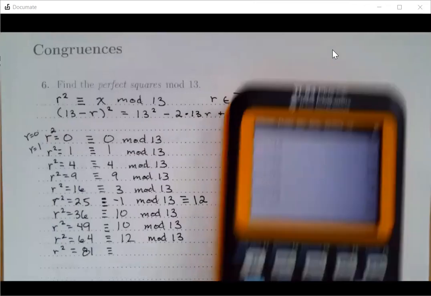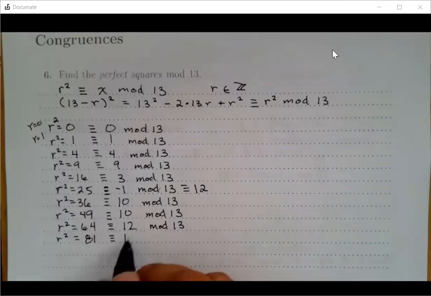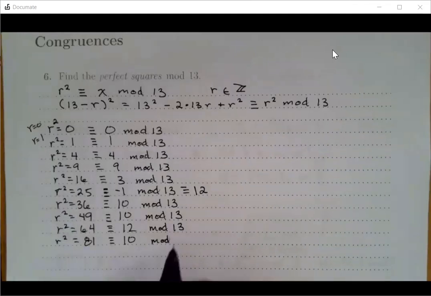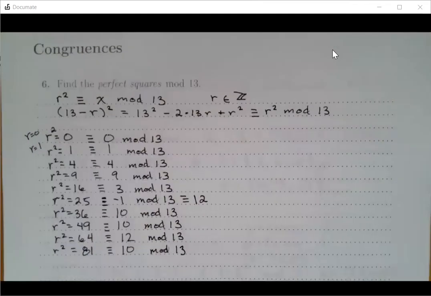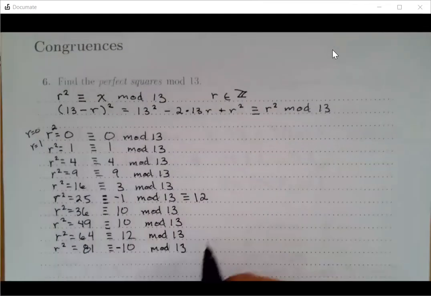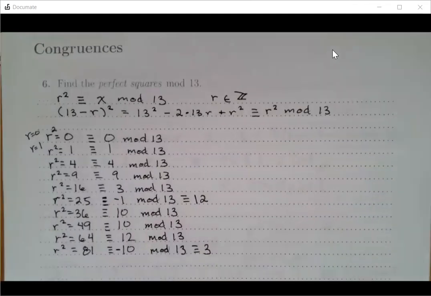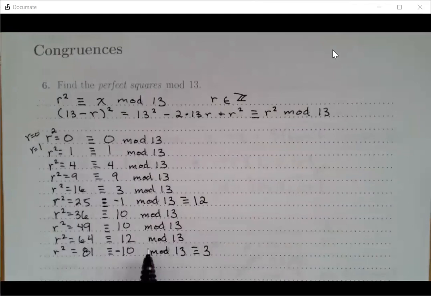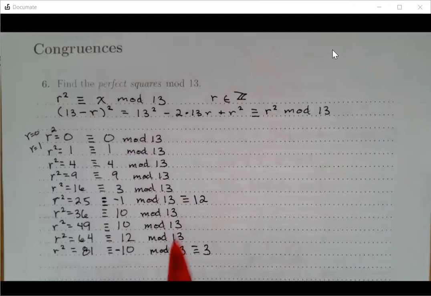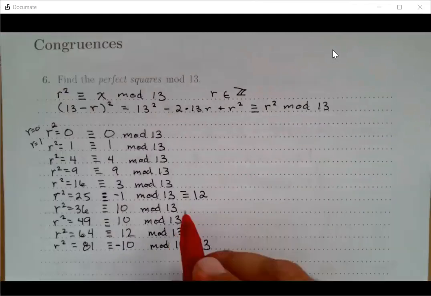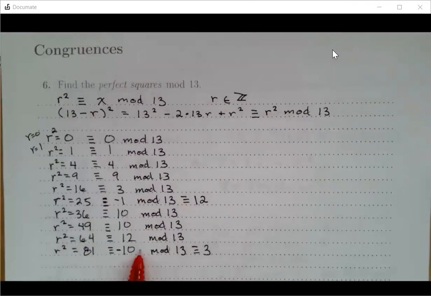So 81 is negative 10 mod 13, which would be 3 mod 13. And it may not be as easy to see, but we're starting to repeat our remainders when grouping in 13s.